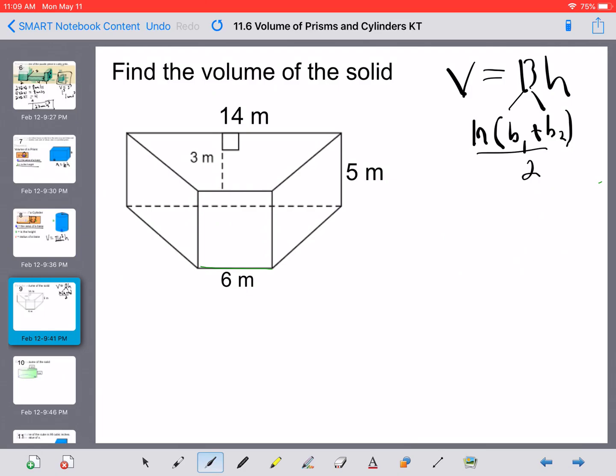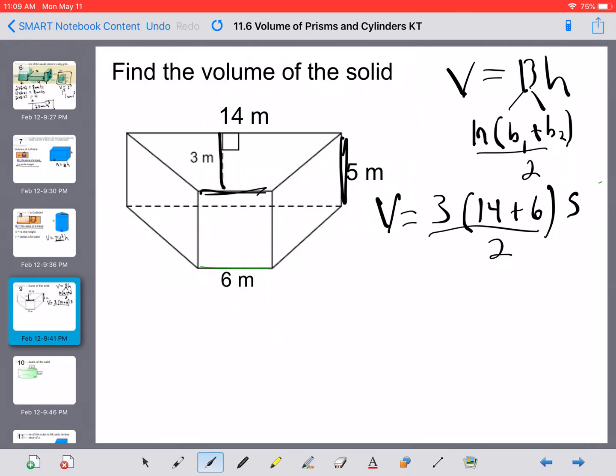Okay, so that leaves us with the equation, the volume equals, now our height for the trapezoid is 3, right here. I'm going to say my base 1 is 14, plus 6 is my other base up here. And then the height of my prism is down here, it's 5. I'm going to put it here. Make sure we divide this all by 2, right there.